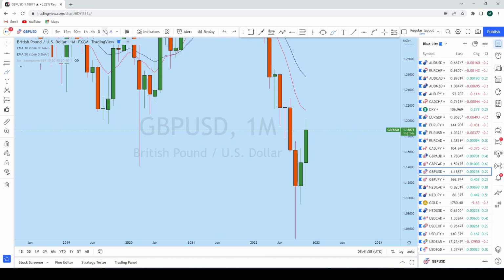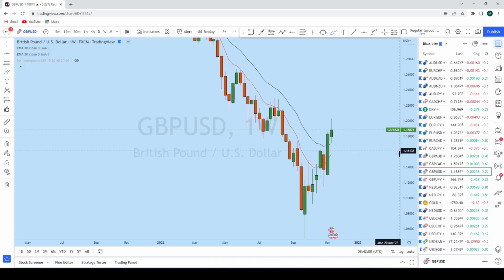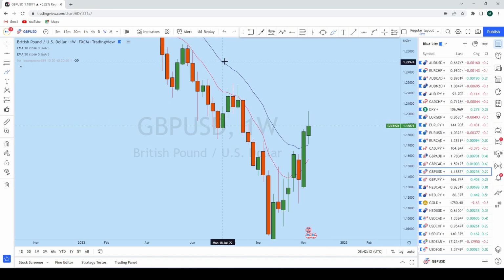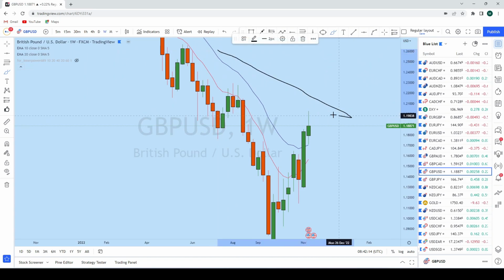If we look at the weekly perspective, there is a long bullish candle followed by a doji. When you see a long bullish candle followed by a doji, in fact it's a continuation pattern. But at the same time, if you look at the overall picture, this is a bearish market.